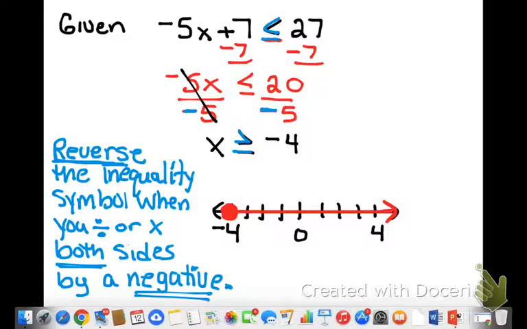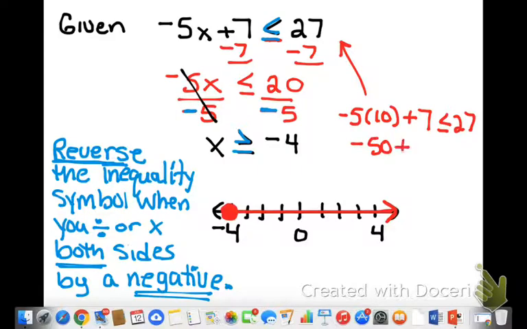So let's pick a number that's greater than negative 4. Let's pick 10. Going back up to our original inequality, negative 5 times 10, so we chose 10 for our x value, plus 7 is less than or equal to 27.